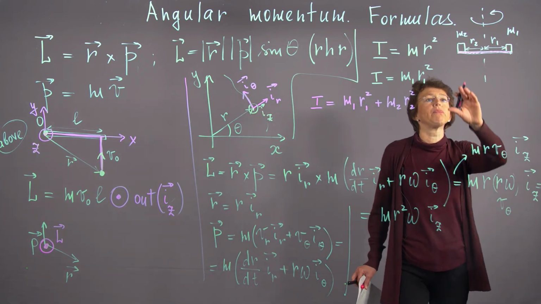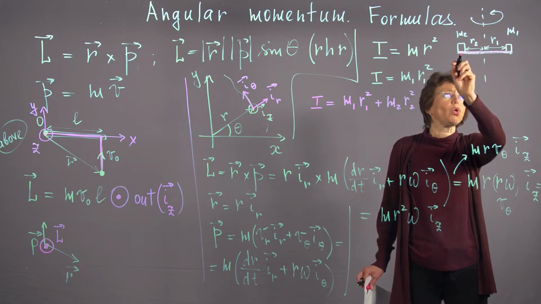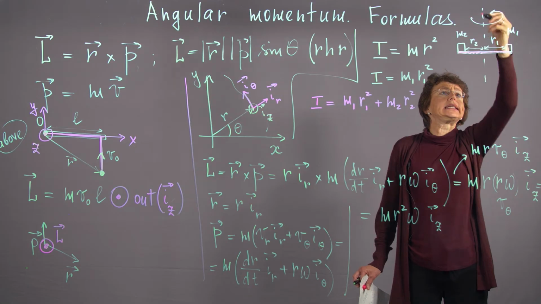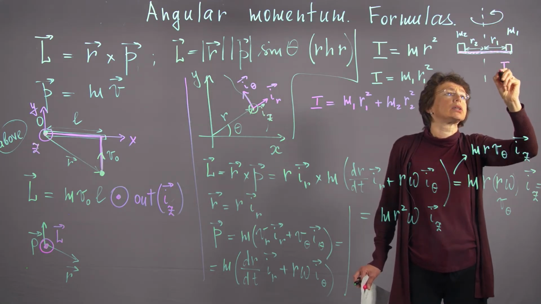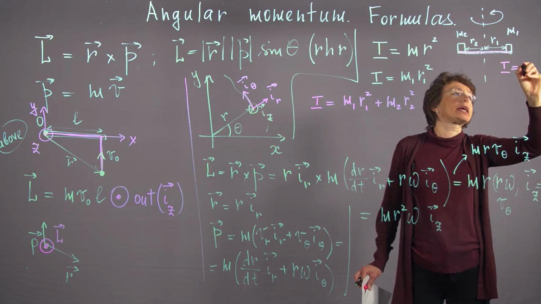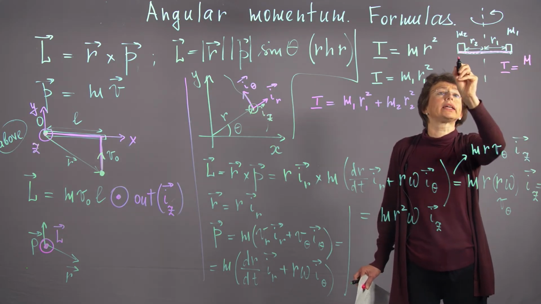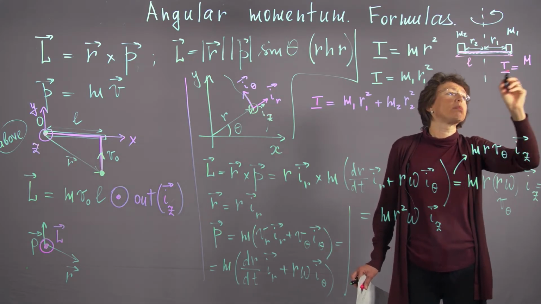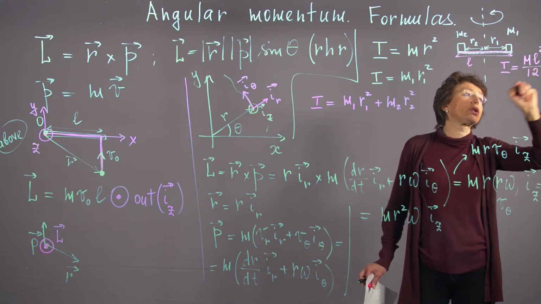For example, what will be the moment of inertia of the rod with mass m rotating about the axis through its center? The answer is m, and then the length of the rod, let's call it L, m L squared over 12.